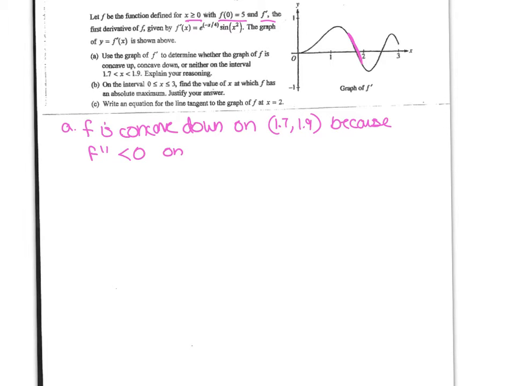So that's just saying the rate of our first derivative, our slope of our first derivative, you can see is negative. It's decreasing on that interval. Okay, so that's an easy one.